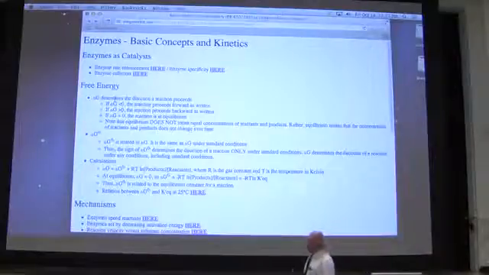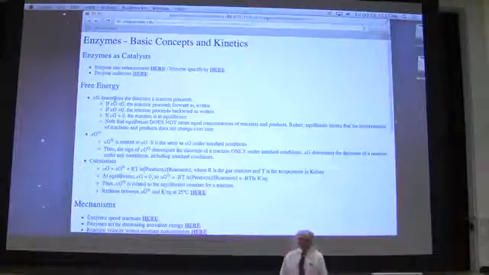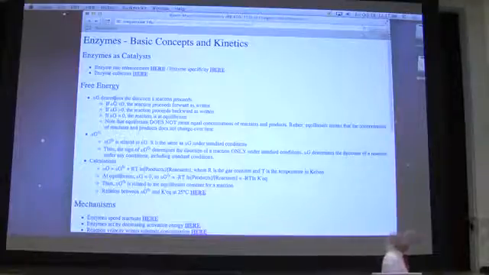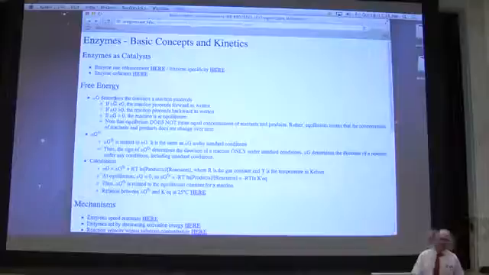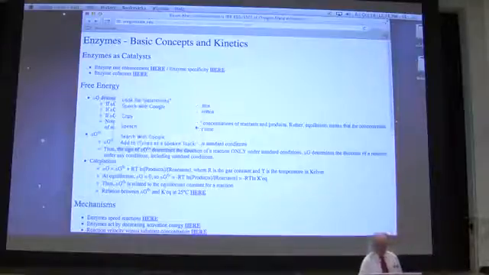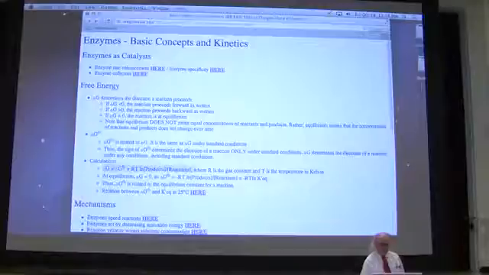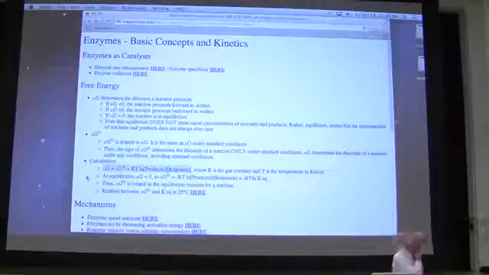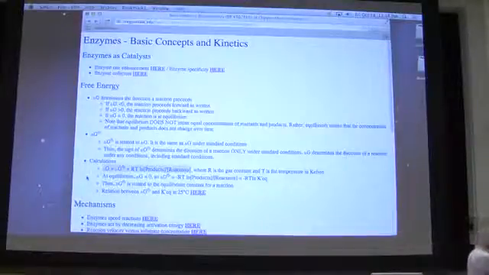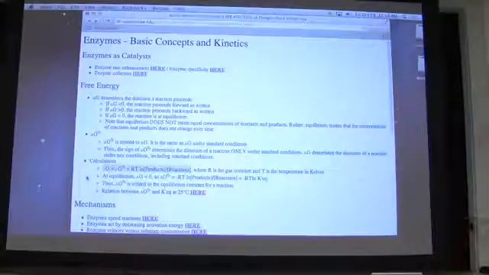Now, those simple rules right there, as I said, allow us to predict the direction of a reaction. If we look at the equation that allows us to calculate the free energy for a reaction, that equation is right here. You notice in that equation that there's another term that looks like delta G, and it's labeled as delta G 0 prime.